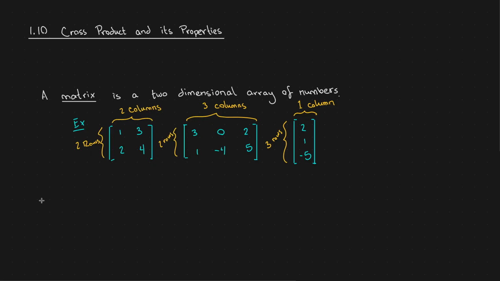We're going to learn how to take a determinant of certain kinds of matrices. A determinant of a square matrix is a number associated with the matrix.